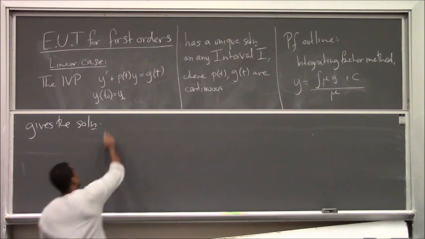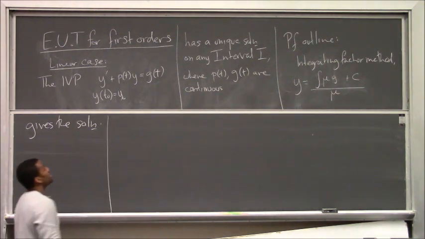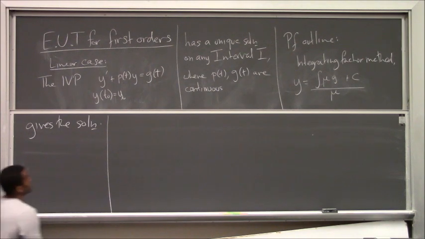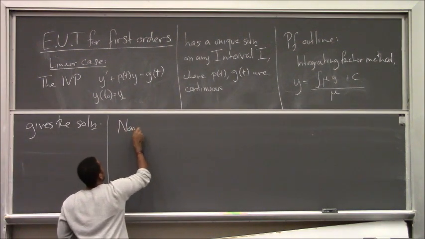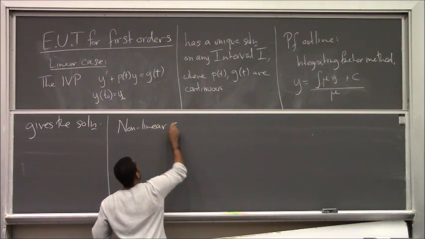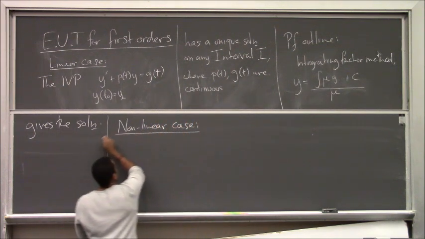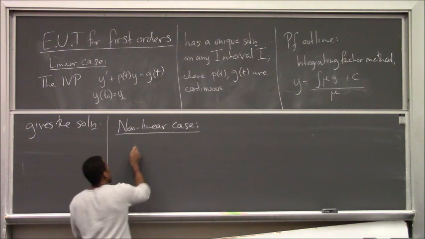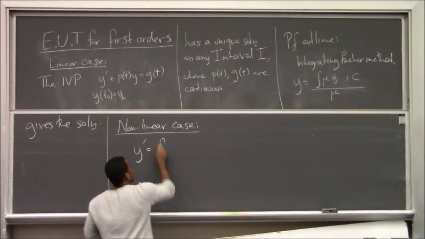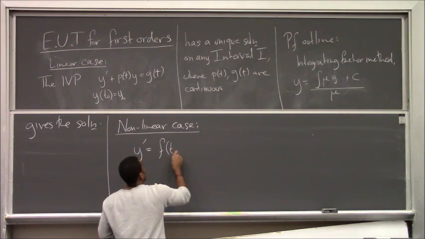The nonlinear case is a little bit more careful though. So this is if you have a general y prime equals f of t, y.